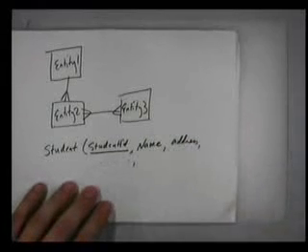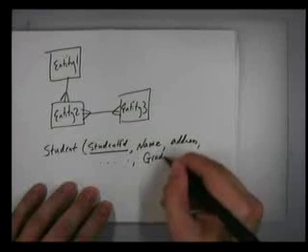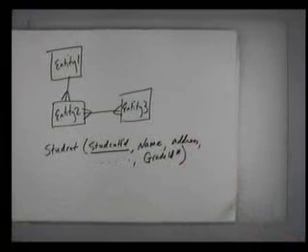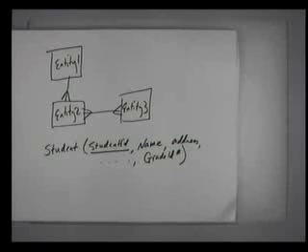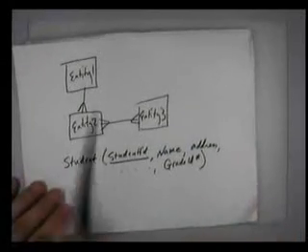So maybe grade ID. Maybe there's a table that contains a list of all the grades and you put the grade ID in that person's table. I'm not suggesting you do that. That was just an example. This is what I want you to produce for the problem I'm going to define.